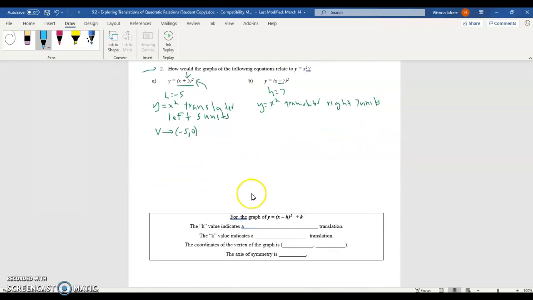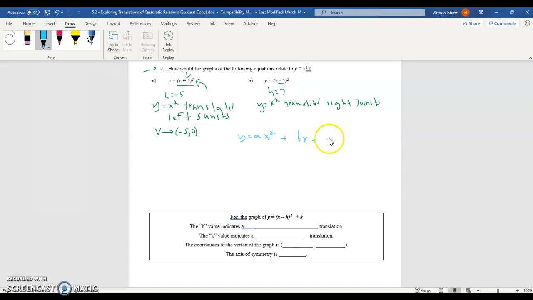Just before we go on to the conclusions for combination translations, I just want to do a quick little clarification about how you would find the value of a in these different forms here. Remember that there's different forms for quadratic relations. So if you had the standard form like this, your value of a would be the number in front of the x squared.